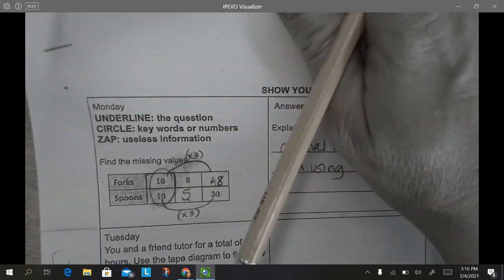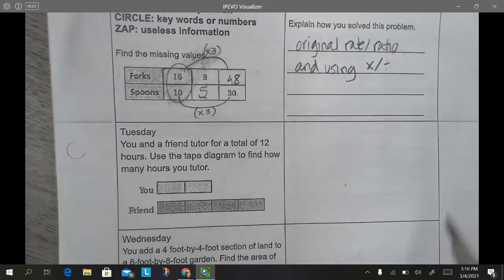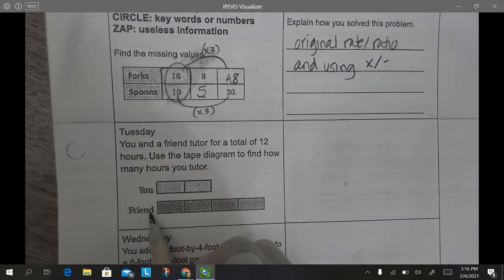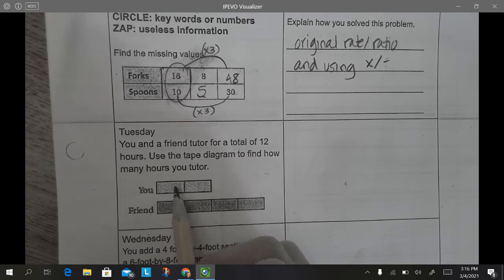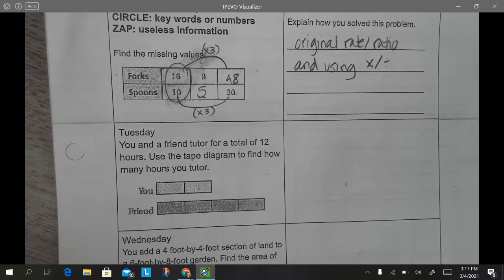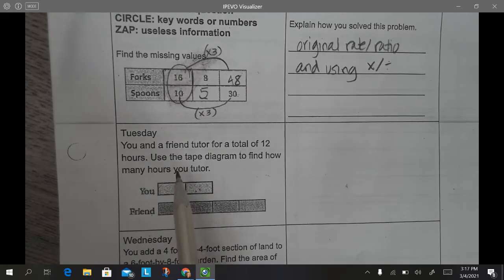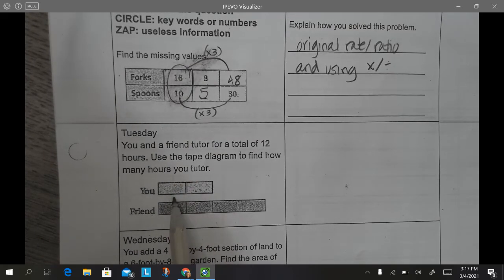All right. Here's Tuesday. Tuesday says you and a friend tutor for a total of 12 hours. And they have these boxes here to distribute the 12 hours among. It says use the tape diagram to find out how many hours you tutored. Well, they show you here with these boxes, but these boxes don't hold the value of 1, okay?